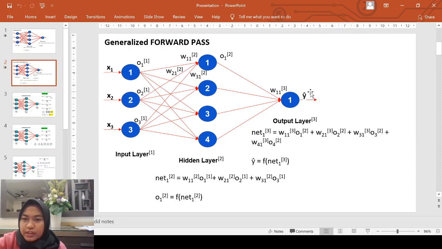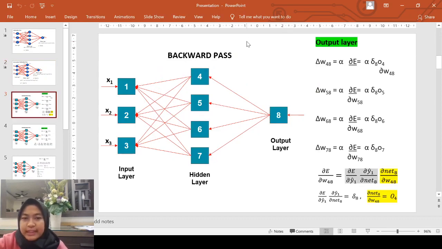To get the output of the last layer, we get y hat. The y hat is equal to f with the variable net 1 of layer 3.